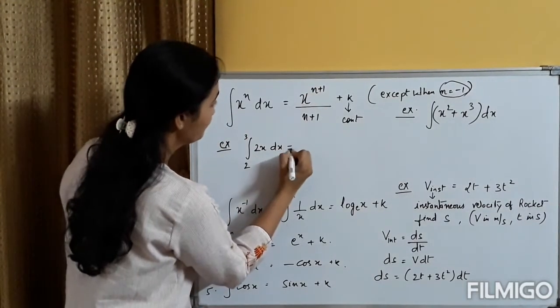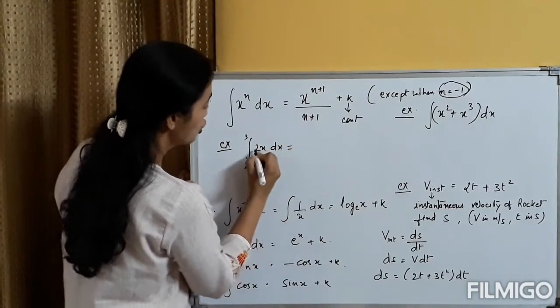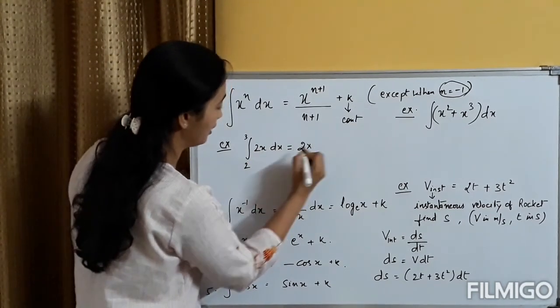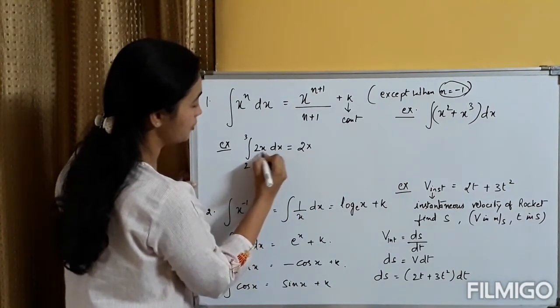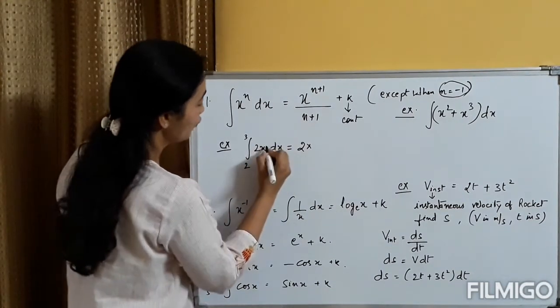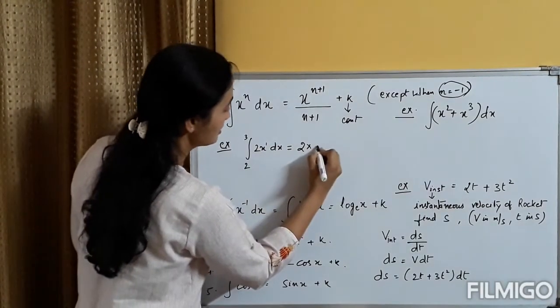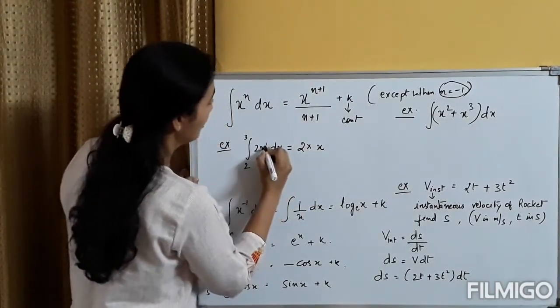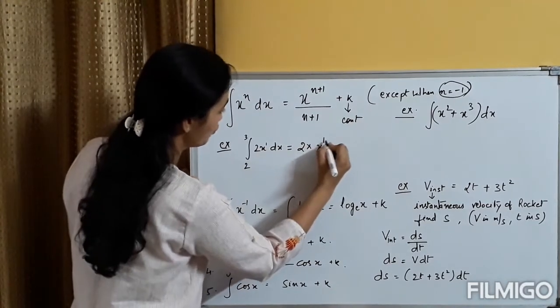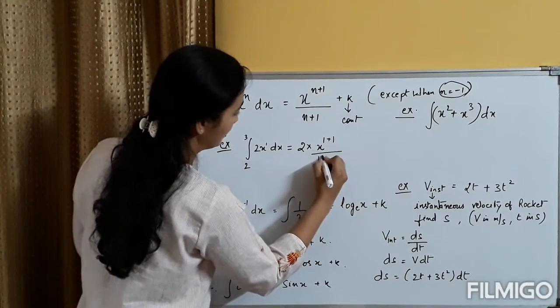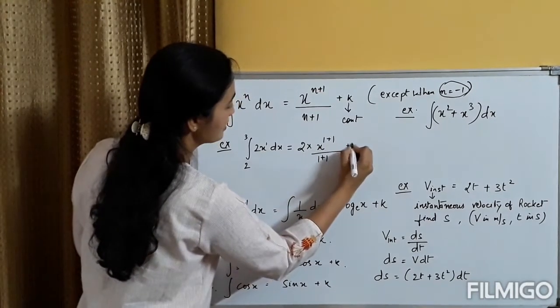First of all, 2 is a constant, so it comes out of the integration. And we integrate x dx. We can take the power of x to be 1, so n is 1. Power 1 plus 1, divided by 1 plus 1, plus some constant.